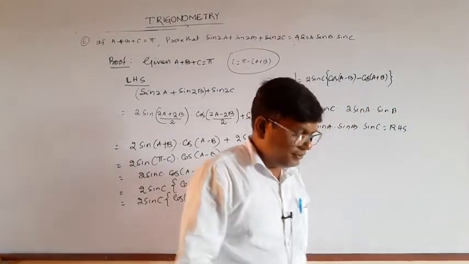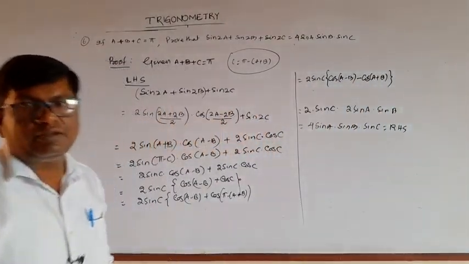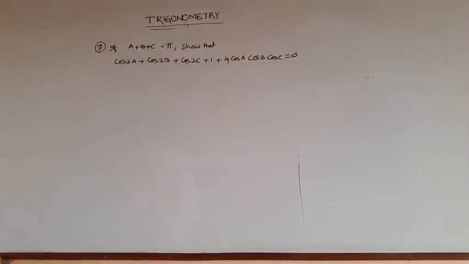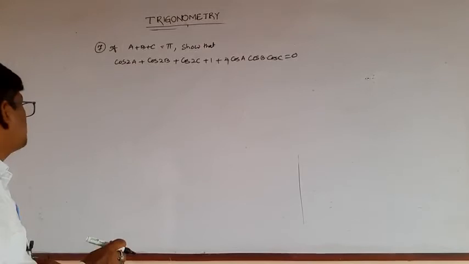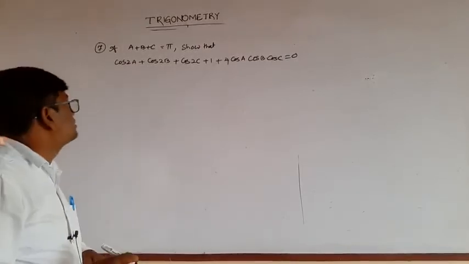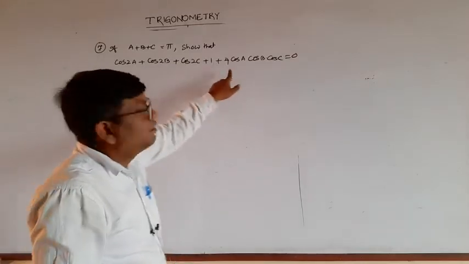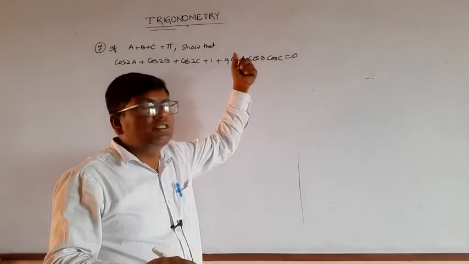Now another question. If a plus b plus c equal to pi, then show that cos 2a plus cos 2b plus cos 2c plus 1 plus 4 cos a cos b cos c is equal to 0.